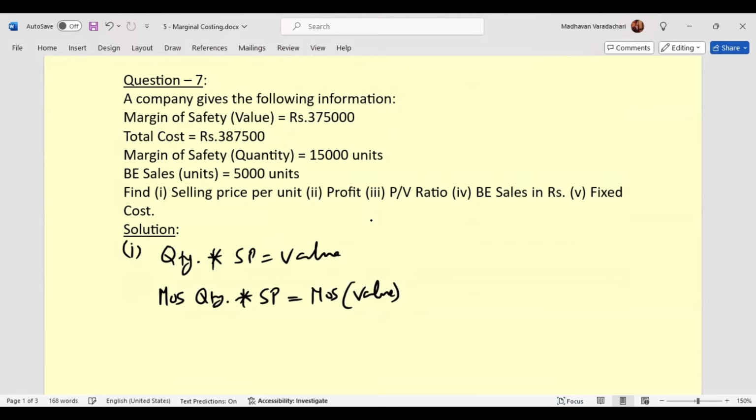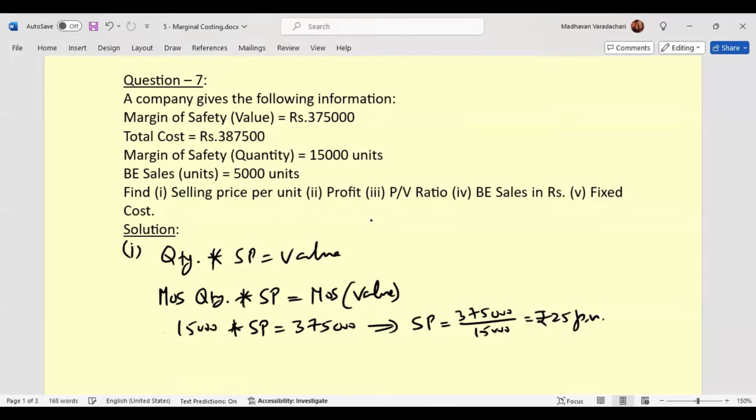Substituting the values, 15,000 multiplied by the selling price is 3,75,000, which means our selling price will be 3,75,000 divided by 15,000, which will give us rupees 25 per unit. That is the first part.